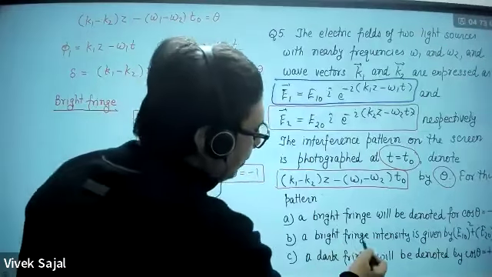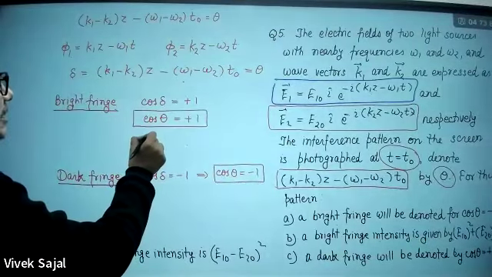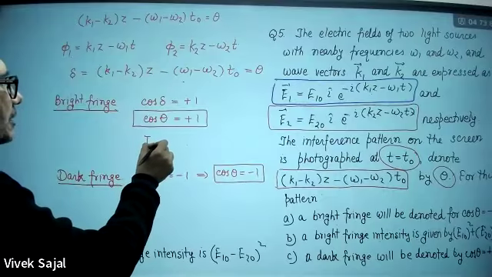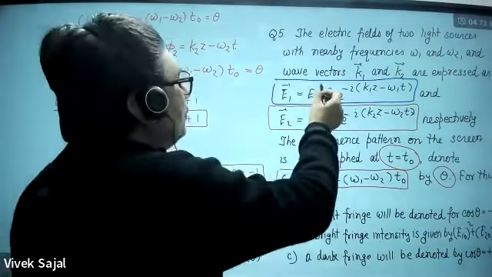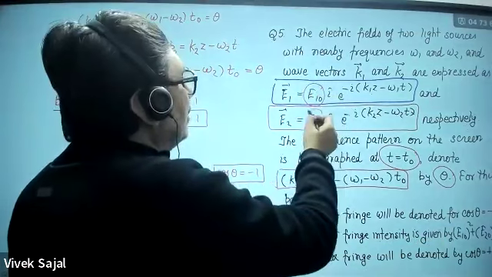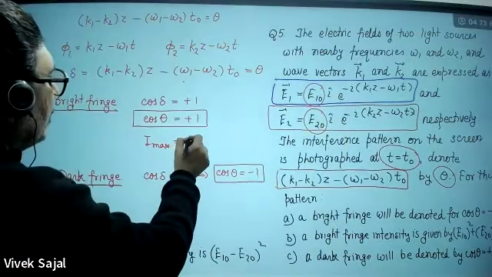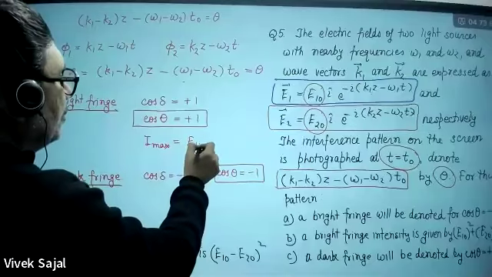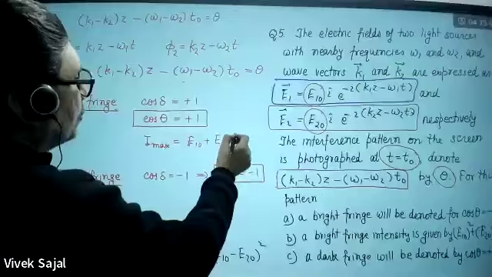The second statement is that the bright fringe intensity is given by Imax. The amplitude here is E10, and here the amplitude is E20. So I maximum will be E10 plus E20 whole square.